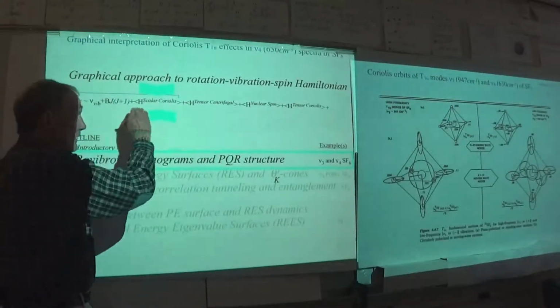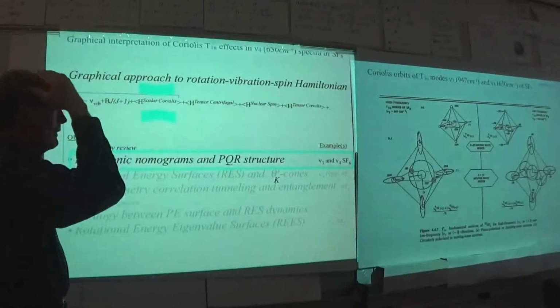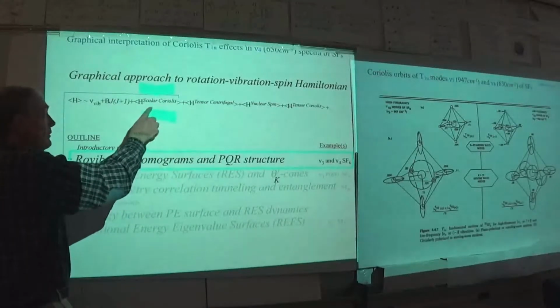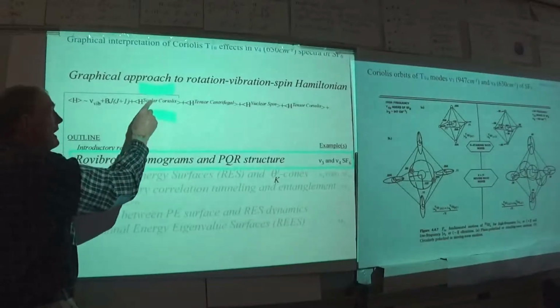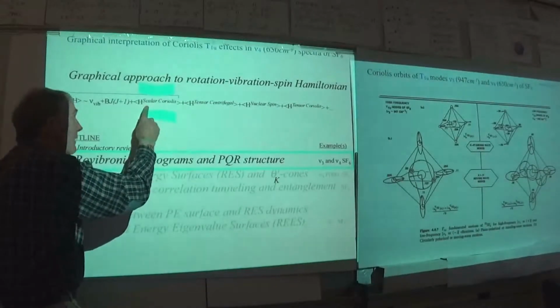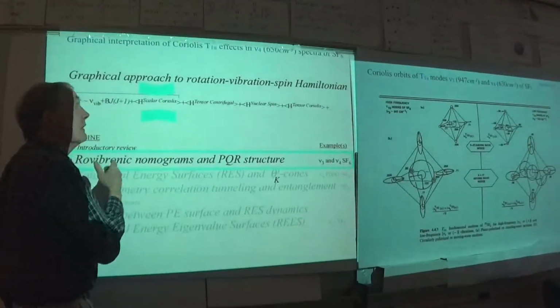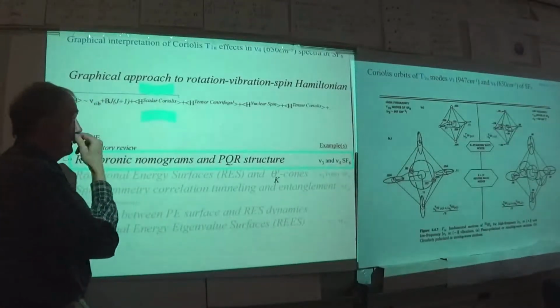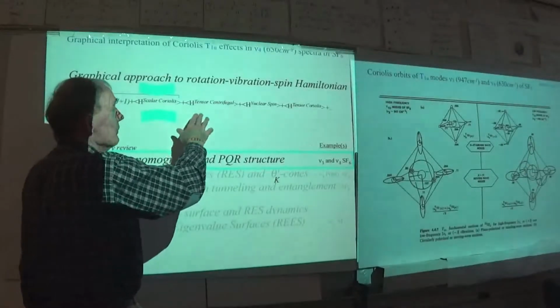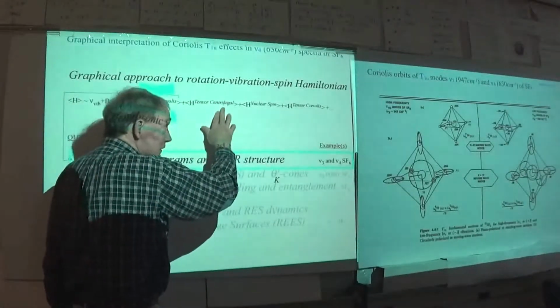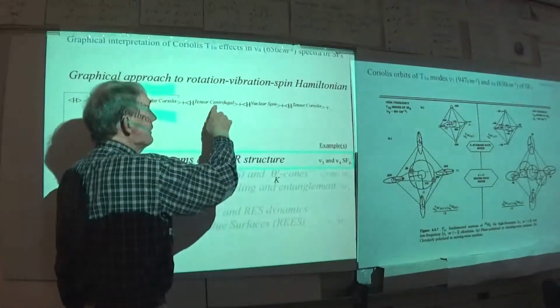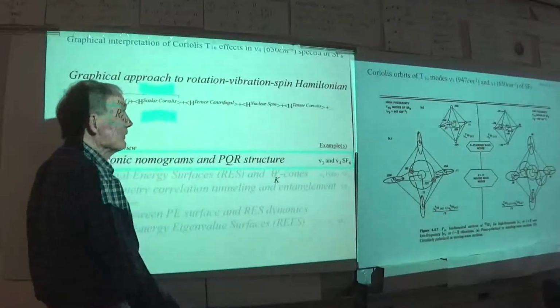Well, we know our rotations are quantum mechanical, and we've been looking at a little bit of that already in this class. And we haven't really, until now, had a nice way to look at the Coriolis effects associated with classical or quantum oscillators, and then the Coriolis effects and centrifugal effects associated with the quantum mechanics of this molecule.